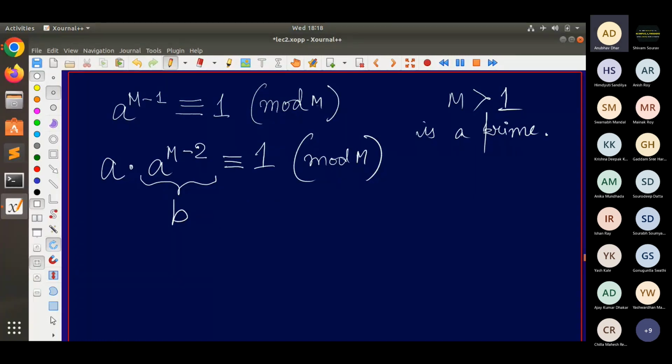Clearly, this value of a to the power m minus 2 will give you the value of b. Does anyone have any doubt in this?